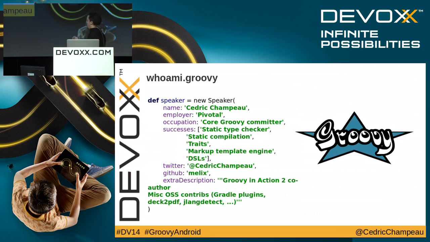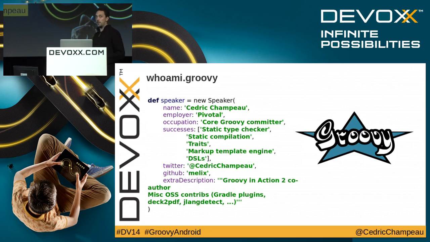I worked, for example, on the static type checker and the static compilation. I implemented traits. Well, a lot of the stuff that you see since Groovy 2, actually. And the reason why I am here today is that I also implemented the support for Android in Groovy 2.